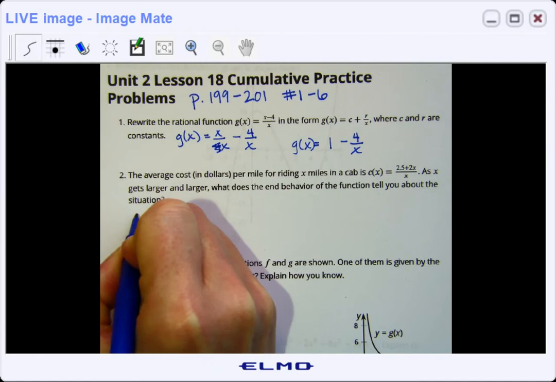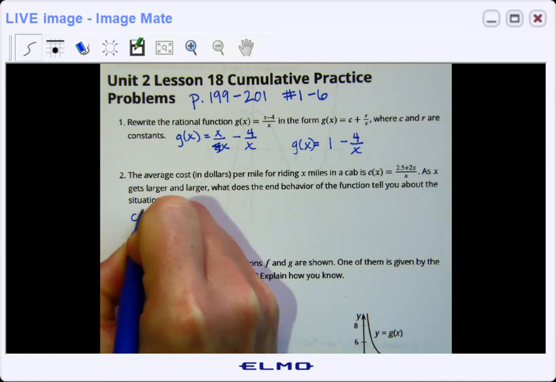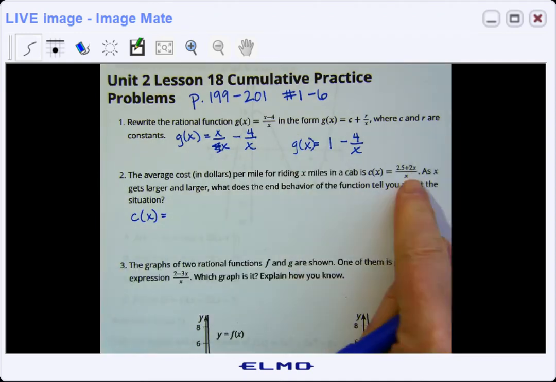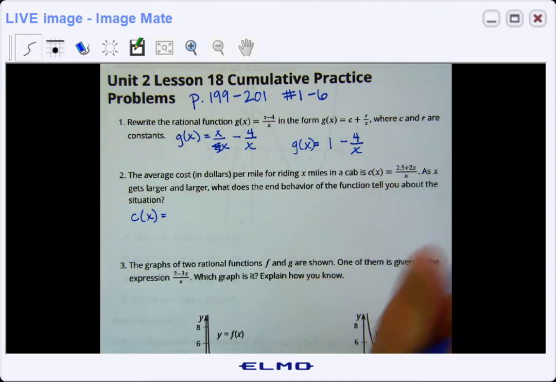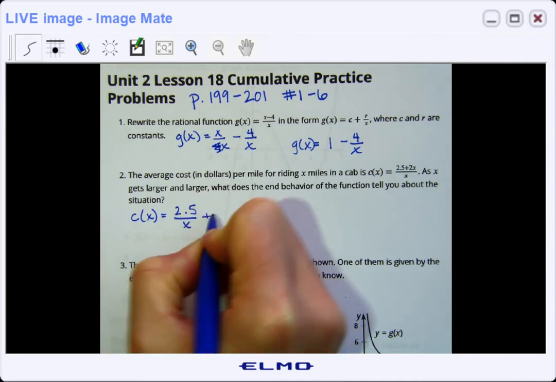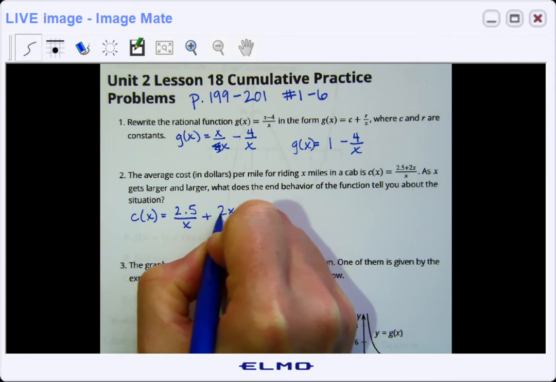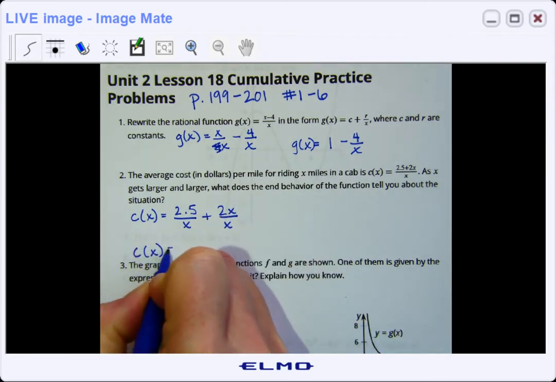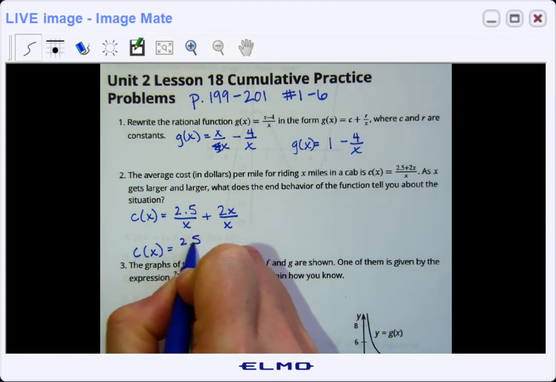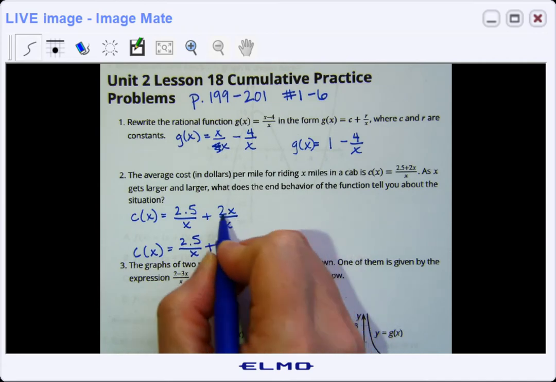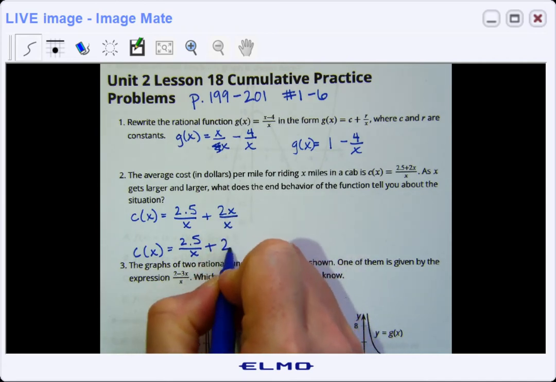Well, again, if you divide it like we did in number 1, so 2.5 divided by x plus 2x divided by x, then 2x divided by x is just 2.